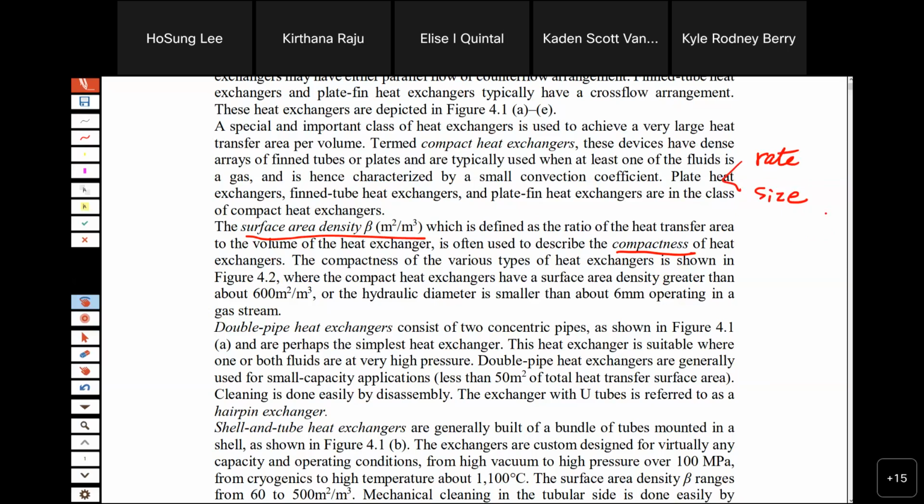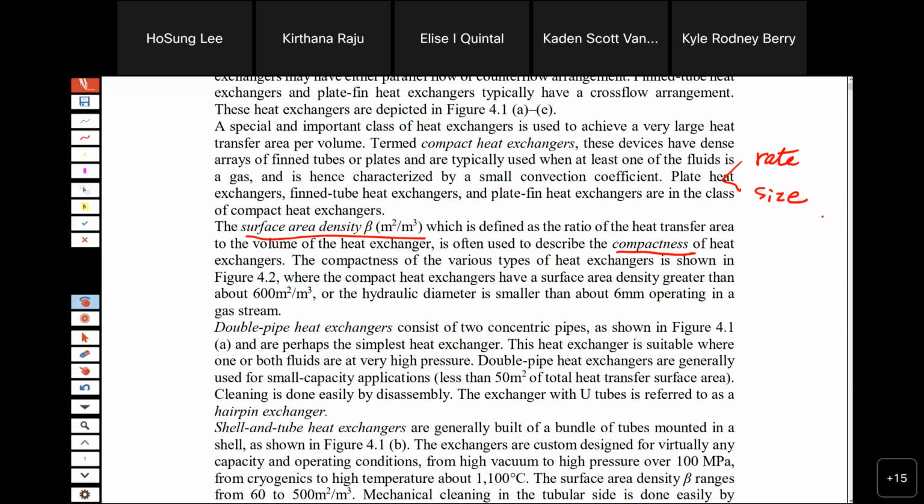Practically, size is important, but it is complicated and difficult to figure out. So most heat exchanger books mostly talk about the rating: pressure drop, heat rate, change of heat, or heat transfer.